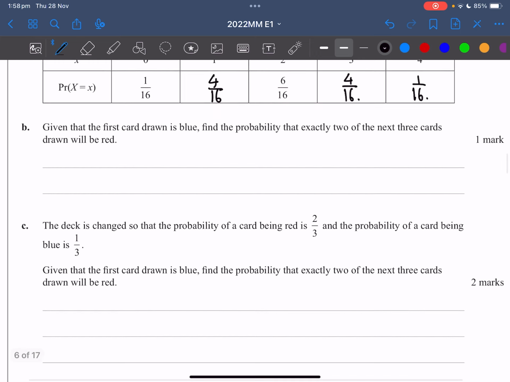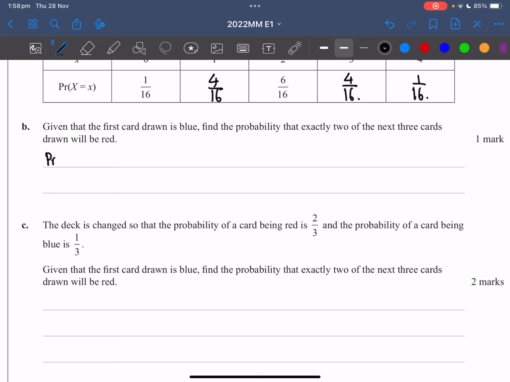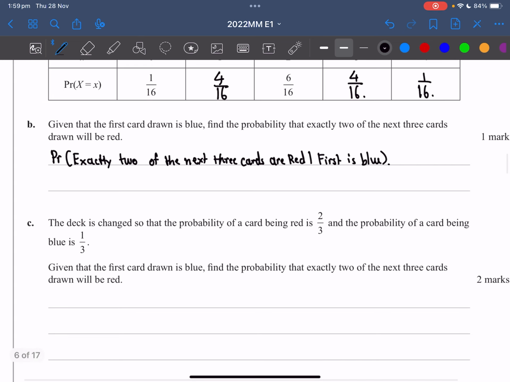So what we are finding is the probability that exactly 2 of the next 3 cards are red, given the first is blue. That is basically finding the probability of this whole thing here.